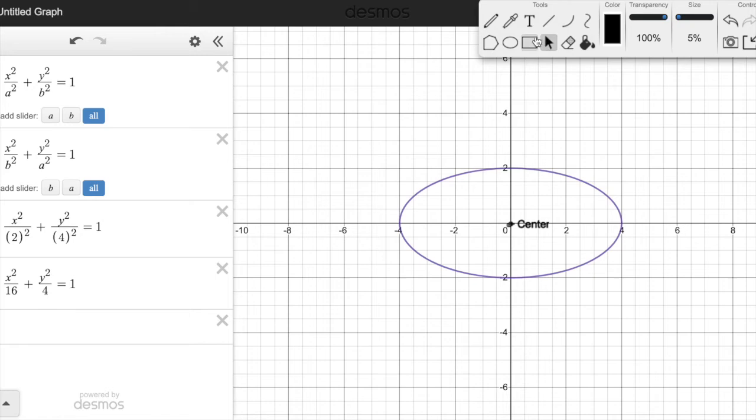We also have vertices, so kind of like a parabola. Those would be on the stretched end, so here and here, when it's laying on its side like this. Right there and right there are the vertices. Let's label those as well. So those are vertices.